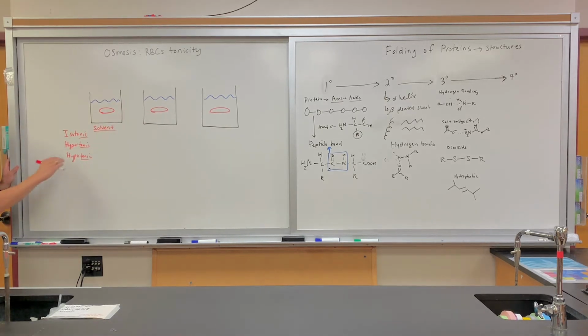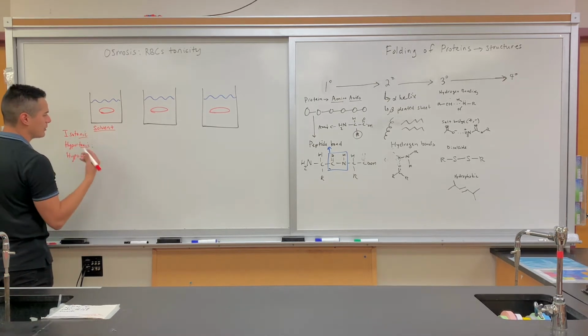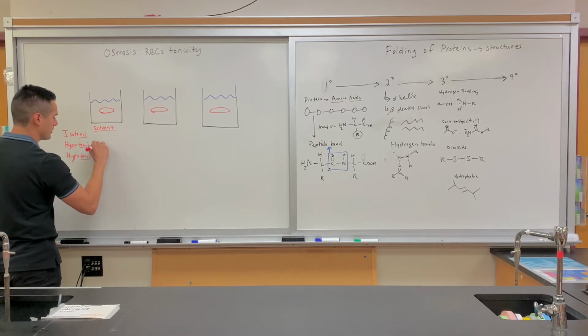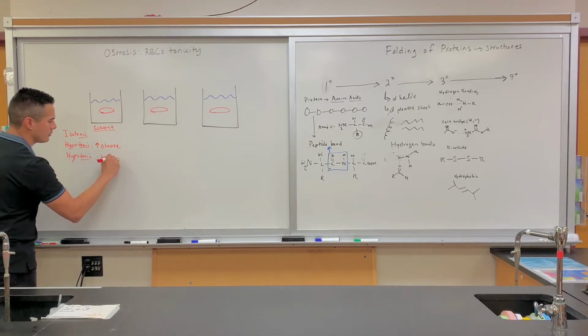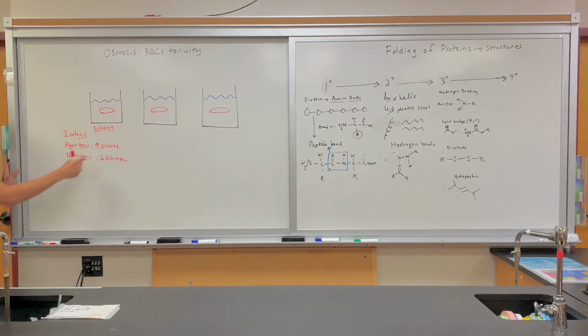If it's a hypertonic solution, it's going to be more concentrated in our solvent. So let's say we're talking about glucose, so we'll have high glucose for the solvent, and for the hypotonic, you'll have a low glucose concentration. And this is in relation to the glucose concentration that's inside the cell, right? That's what we're comparing it to.